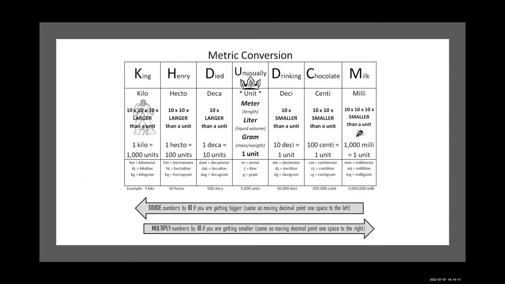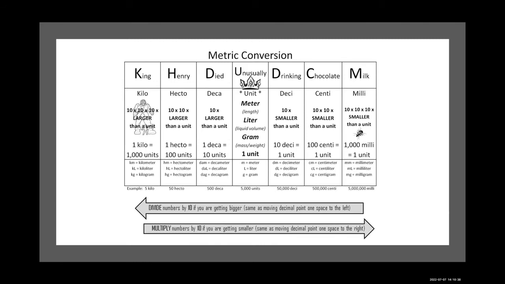Metric conversion. We're going to say in the center here, we have meter, which is length, liter, which is liquid volume, and gram, which is mass or weight. And if you multiply by 10, going from the left to the right, you're getting smaller. And if you go the opposite direction from the right to the left, you're dividing by 10 and you're getting bigger. So basically, if you look on the far left there, you've got kilo.